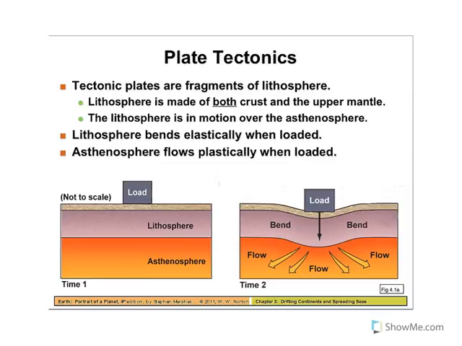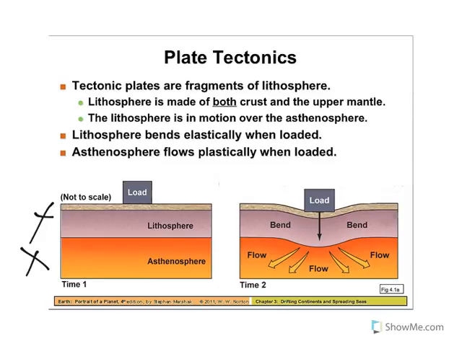So now let's wrap up those two separate ideas and let's combine them together and take a look at what plate tectonics is. So, when we talk about a tectonic plate, we're talking about the lithosphere. So if you remember back from the last chapter, the lithosphere is composed of both the crust and the upper mantle. So basically what we're doing is we're taking a look at the interaction between the asthenosphere and the lithosphere.